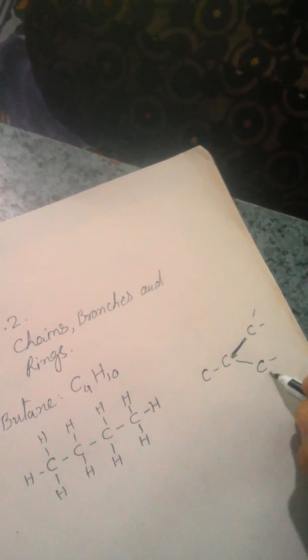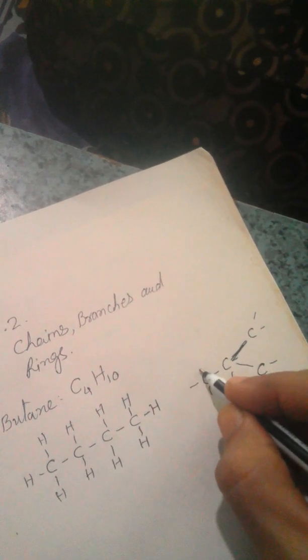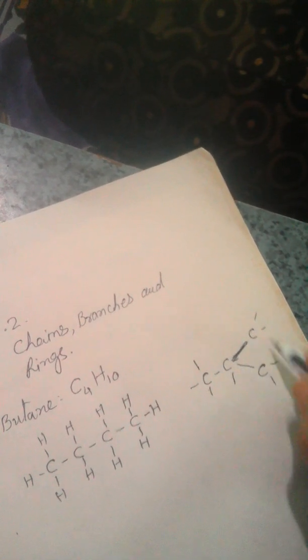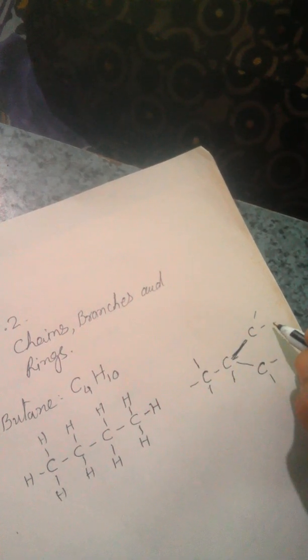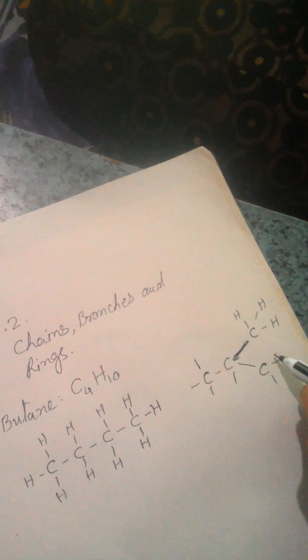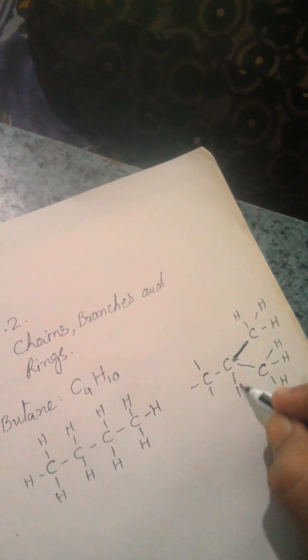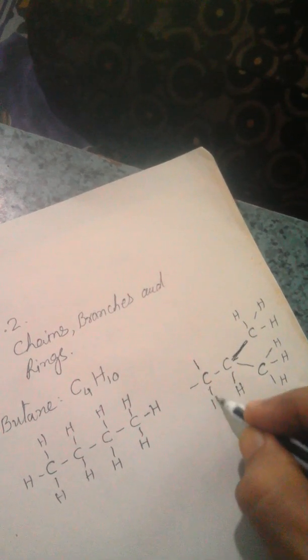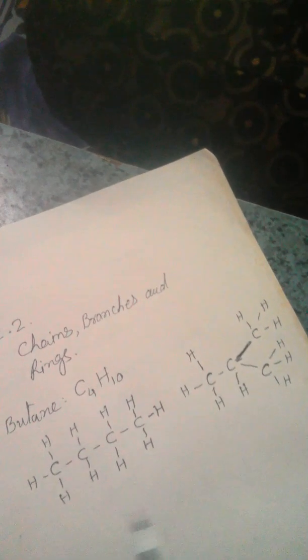Now, to satisfy valency by a single bond, the first two carbons, the branched carbons, are connected by a single bond with 3 hydrogen atoms. And the same here. You can see the difference.